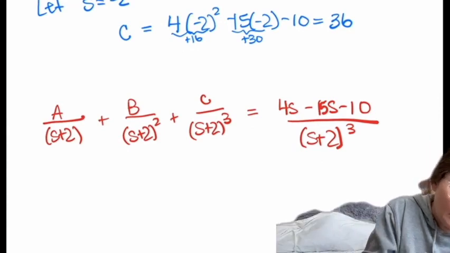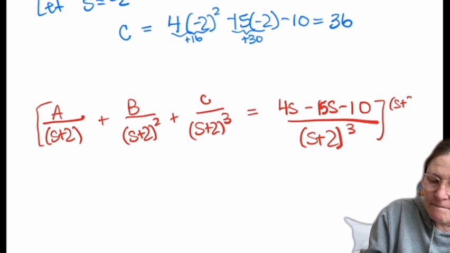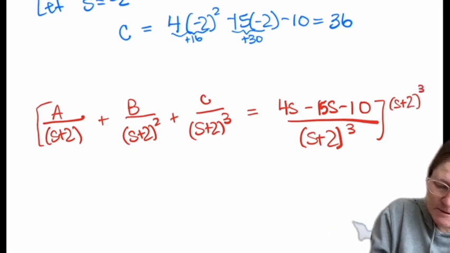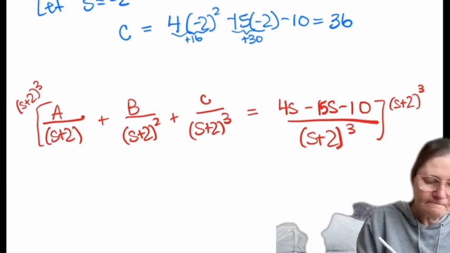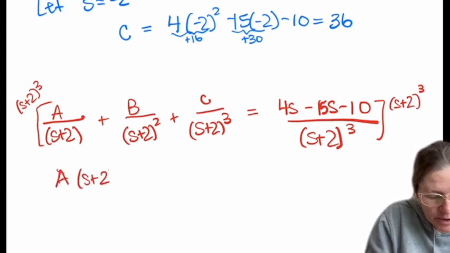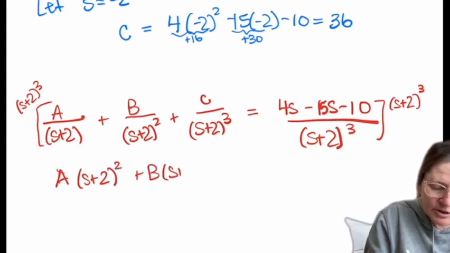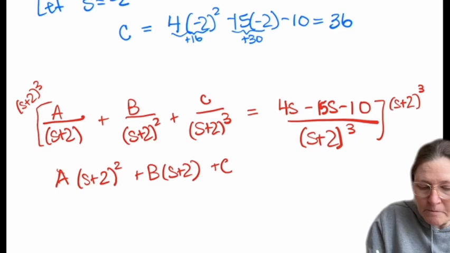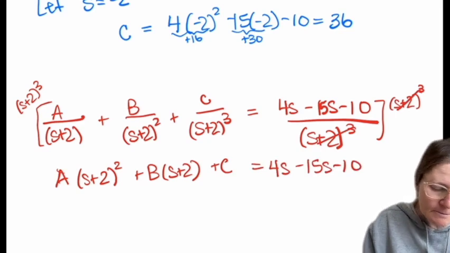Okay, so multiplying both of these by s plus 2 cubed gives a times s plus 2 squared plus b times s plus 2 plus c, and then this is removed, 4s squared minus 15s minus 10.